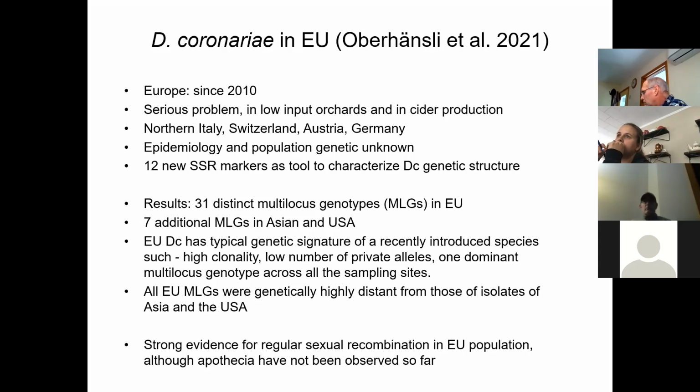In general, they also saw that these genotypes were highly distant from the isolates in Asia and in the United States. That supported the hypothesis that this is a recent introduction from 2010 in Europe. There's also strong evidence, based on this analysis, that sexual reproduction is occurring in Europe as well.